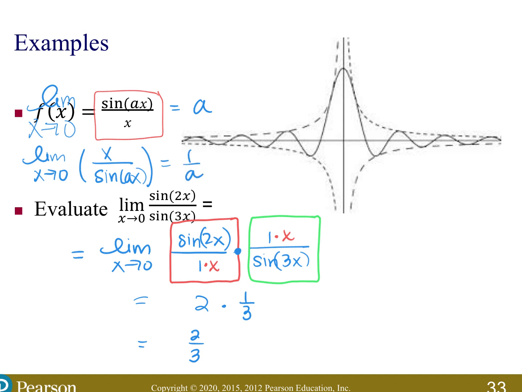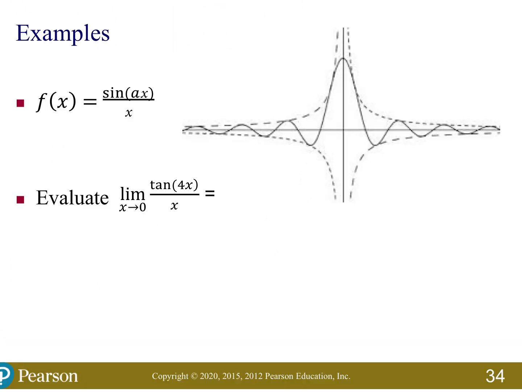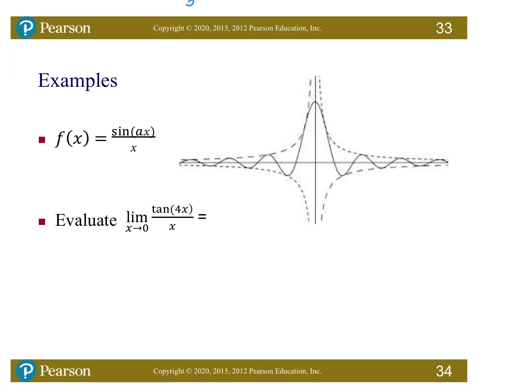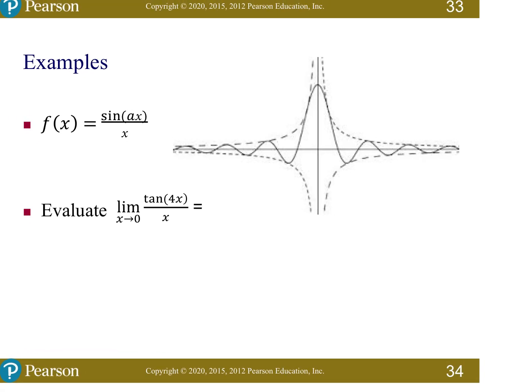So that means from both the left and right, it'll be approaching 2/3, but never actually get there. So the hole would be at 2 thirds. Okay, let's try another one. What about this? What's wrong about it?